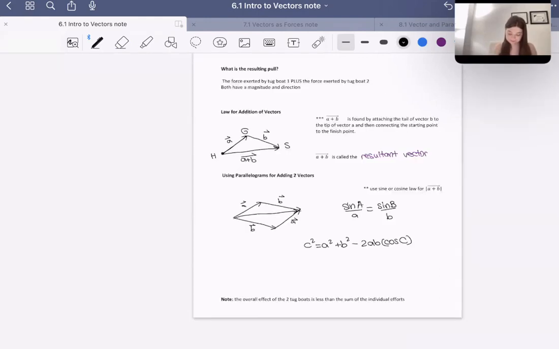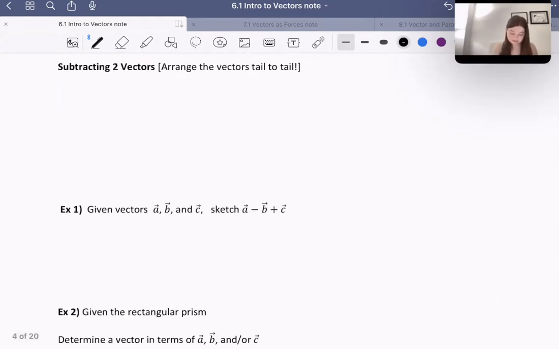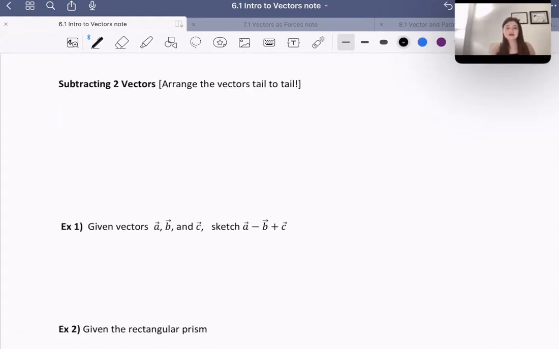Okay, let's move on. Let's talk about subtracting vectors. Here's where we arrange the vectors from tail to tail. So for example, let's say I have vector A, and then I have vector B like this. Then A subtract B is this one, right?